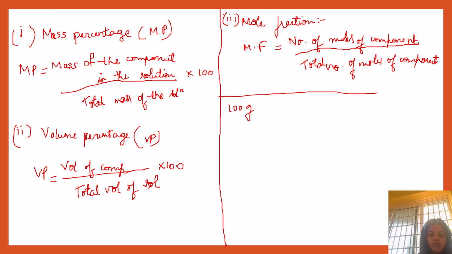See, I'll show you. 20% means what? 20 by 100 into 100. The 100 cancels, gives 20 gram. So ethylene glycol, C2H6O2, is about 20 gram.